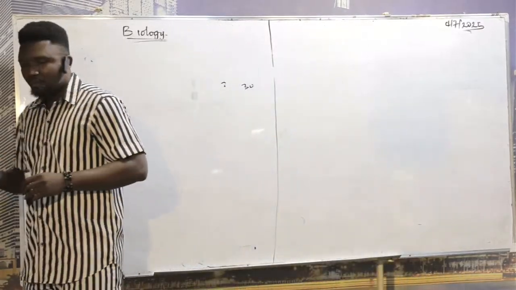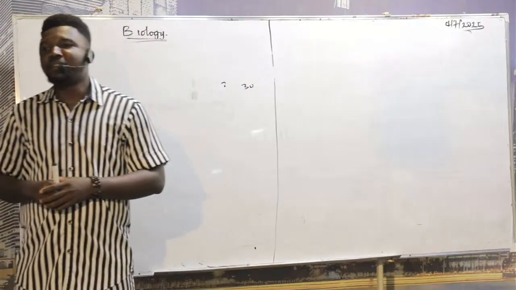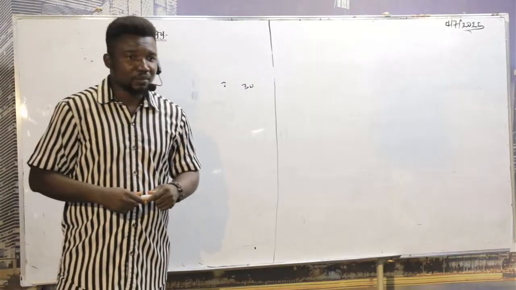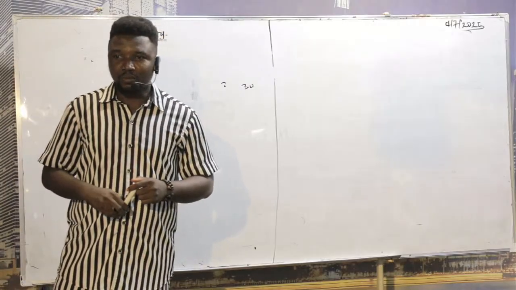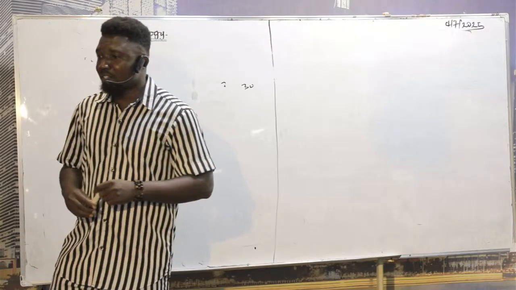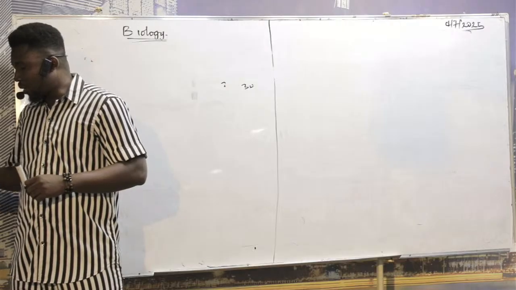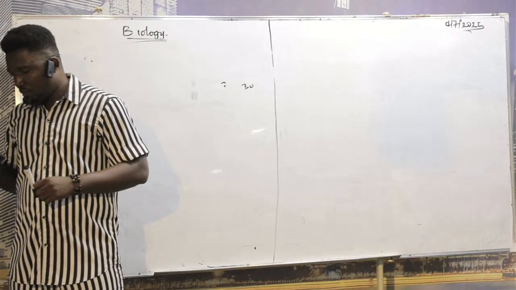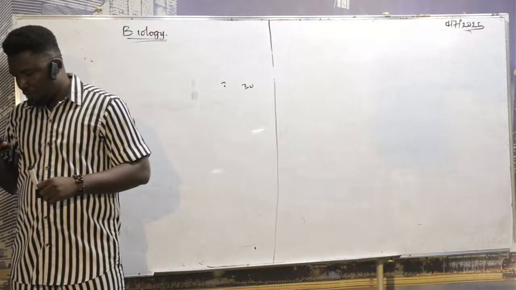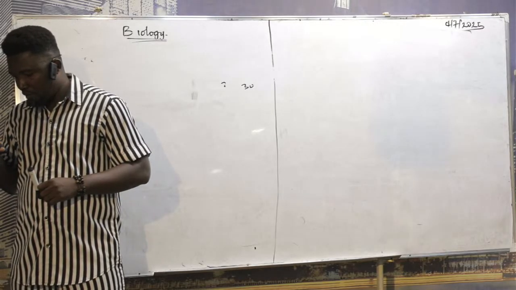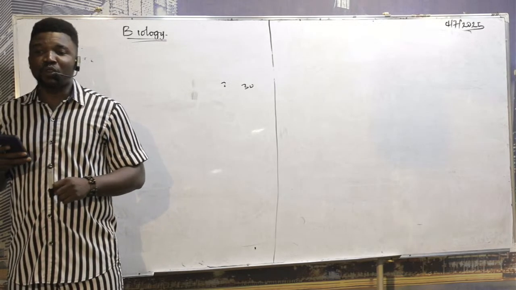So that's it. Please, let's continue with what we are doing. Intermediate neuron. Have you written it? Are you done writing or should we go to efferent?